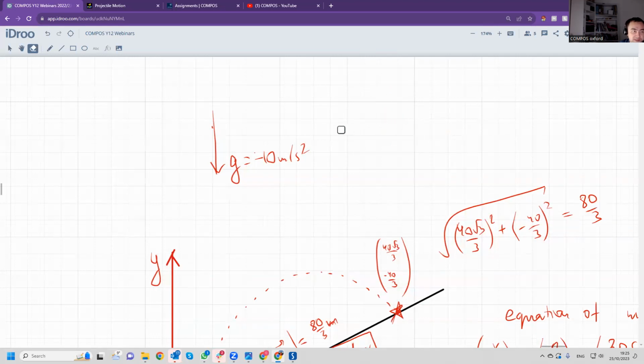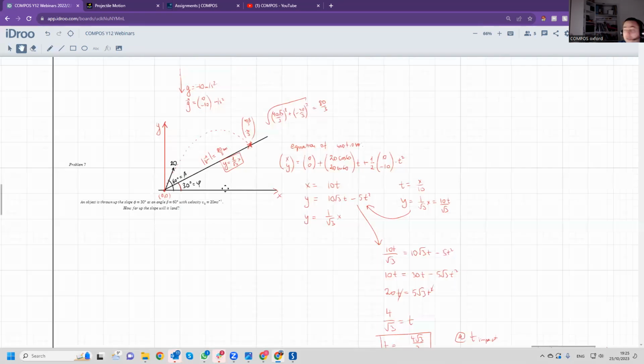Acceleration as a vector is 0, minus 10 meters per second squared. Well, it is, but we are assuming we are rounding up to 10. It is perfectly suitable.